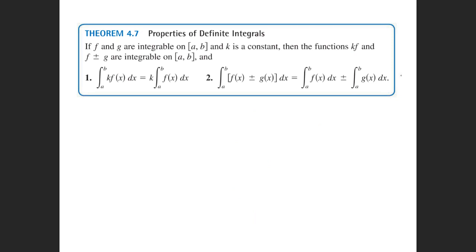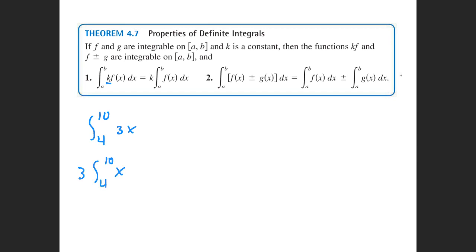Okay, so here are some more properties of definite integrals. First property, basically what it's saying is, if you were given the integral from 4 to 10 of 3x, anytime you have a constant in front of a function, you can rewrite that as 3 times the integral from 4 to 10 of x.